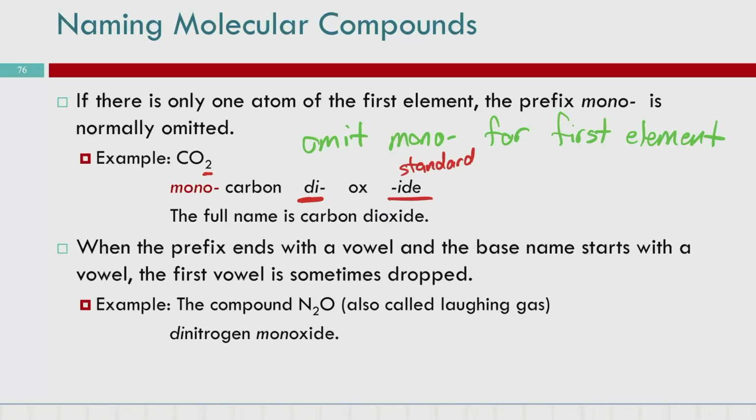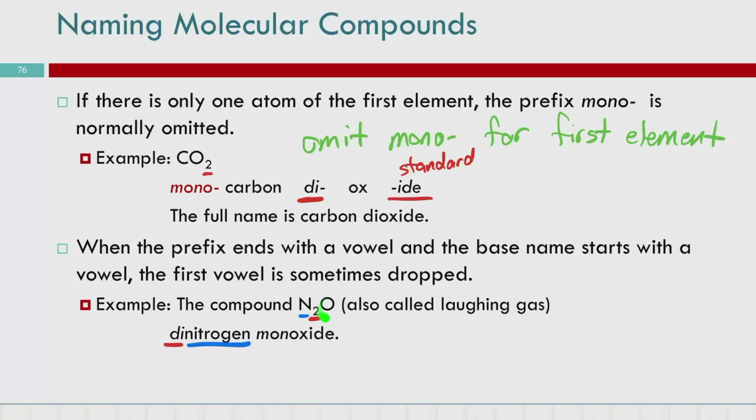There's another weird trick. This one's less important. When the prefix ends in a vowel and the base name starts with a vowel, the first vowel is sometimes dropped. This one, if you don't do it, it's really not that big of a deal. So here's an example of that. So N2O, we've got 2 of our first thing, so di, and then the name of what it is, so dinitrogen, 2 nitrogens.